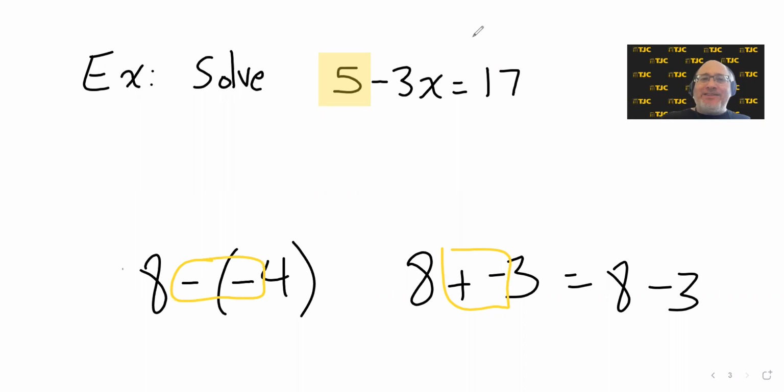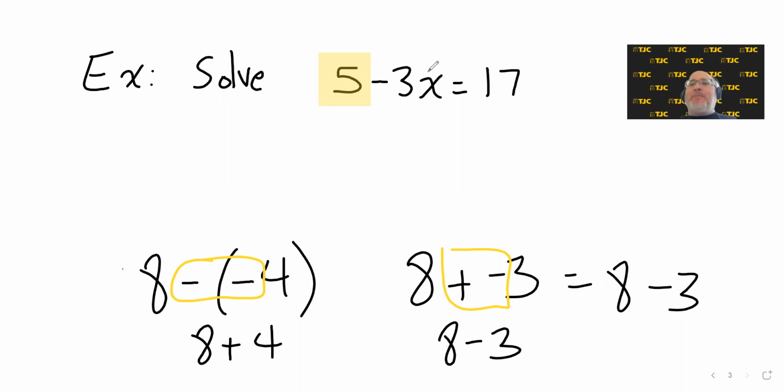Over here, we have minus and negative. Negative times negative is positive, so it becomes 8 plus 4. And in the second one, we have 8 plus -3, but positive times negative is negative, so that's the same as 8 minus 3. Anytime you see back-to-back pluses or minuses, you can think of it as multiplying them and using the multiplication rules for positives and negatives.